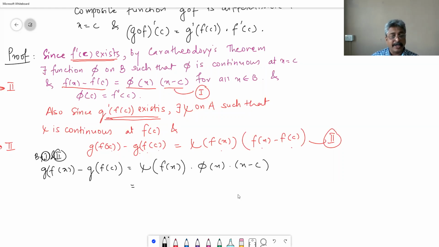Now, if you look at this expression, what we have already proved is psi is continuous. So this is continuous and phi is also continuous. We have already proved this. Therefore, this is also continuous.